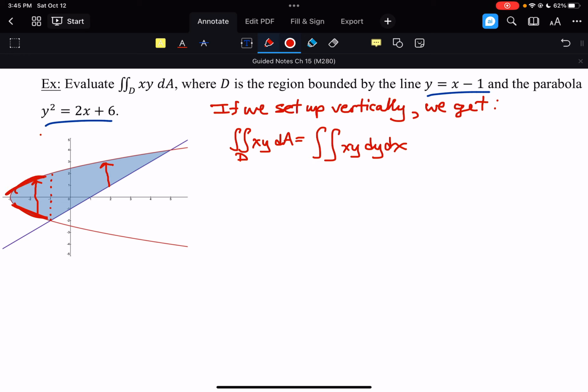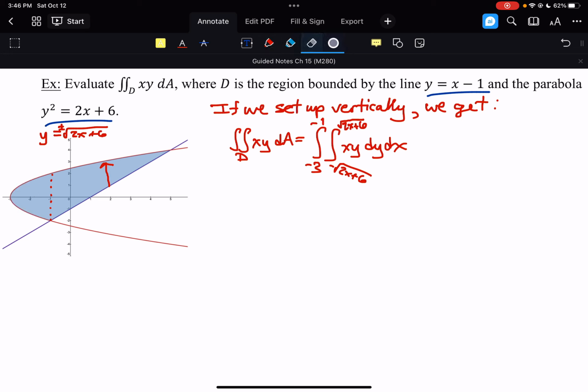This is y squared, so we would have to write this as y equals the square root of 2x plus 6. There's going to be a plus or minus there because the minus is the bottom half and the plus is the top half. So our bounds are going to go from negative square root of 2x plus 6 to positive square root of 2x plus 6. And then the x values go from -3 to -1.